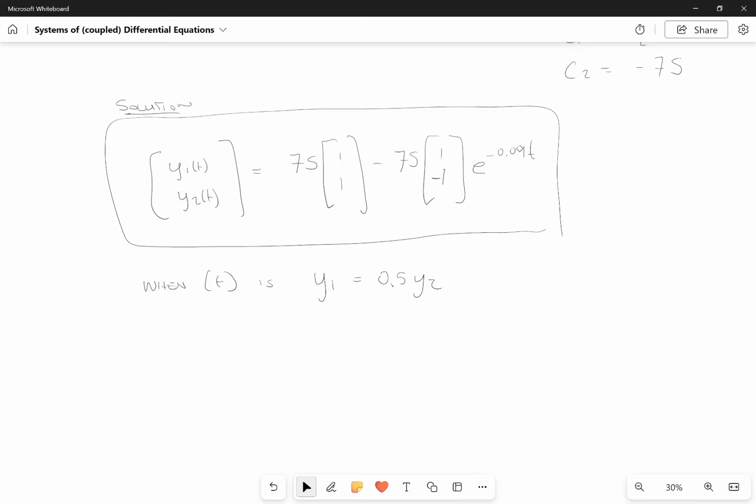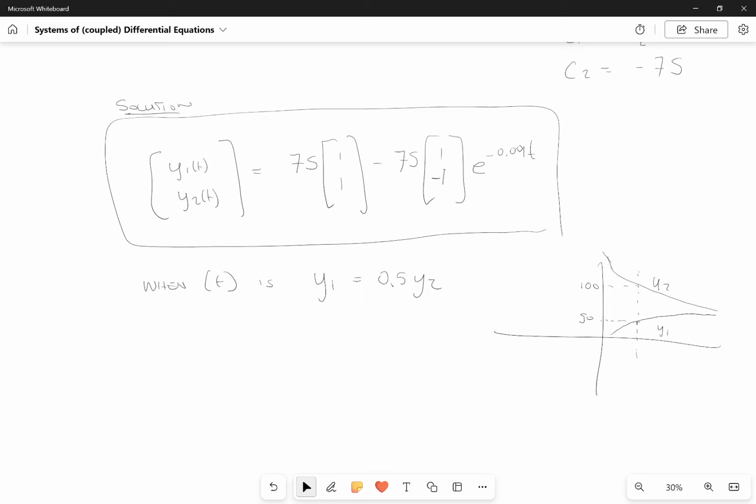When will y1 be 1/2 of y2? We have these two, so this is y1, this is y2. At some point in time, now if there's 150, I'm thinking 150.